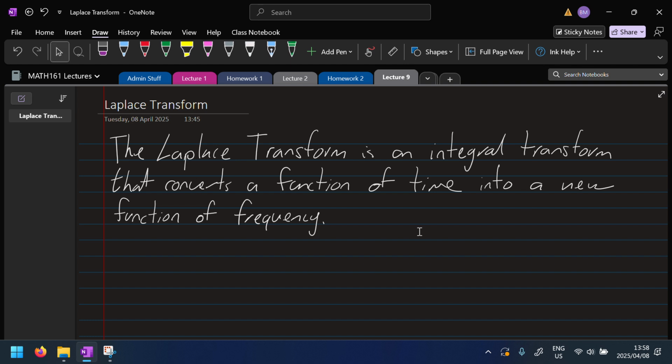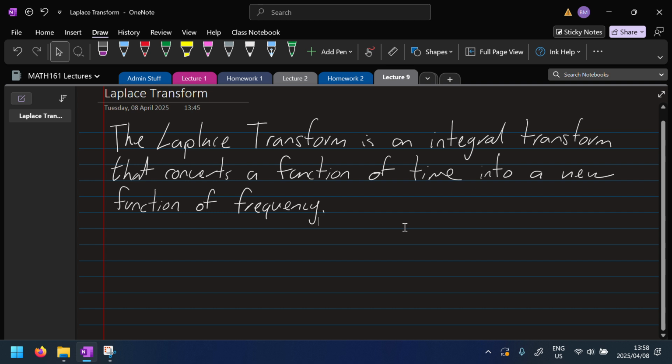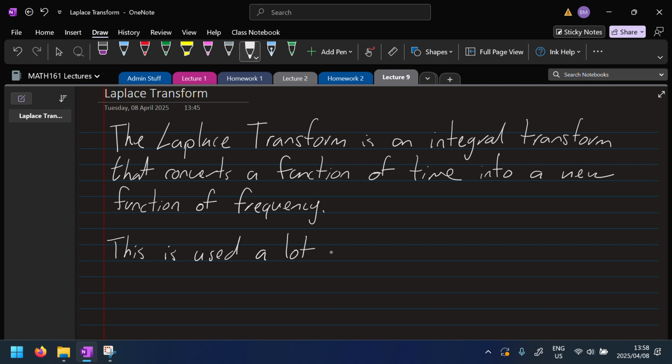Okay, so we have some function of time. Using this transformation, we convert it to a new function of frequency. Okay, this is used a lot in science, and specifically for you guys, engineering, specifically mechanical and electrical engineering.